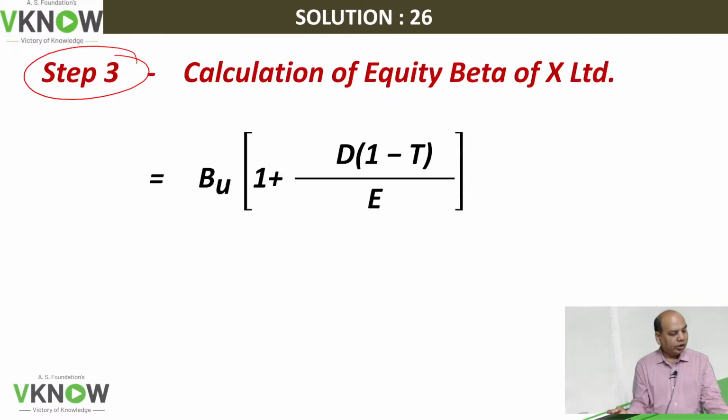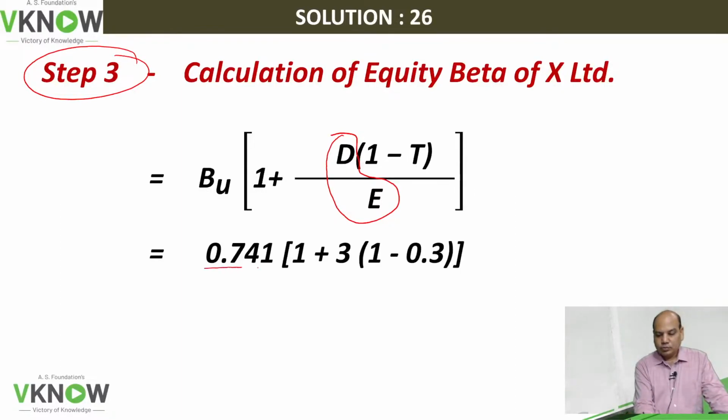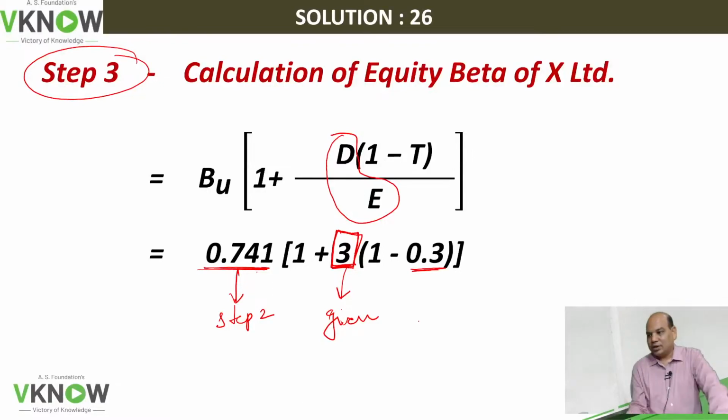What is the debt equity ratio of this business? It is 3:1. So you will write unlevered beta 0.741, this is from step 2, into 1 plus debt equity ratio 3, which is given, and 0.3 is the tax rate.